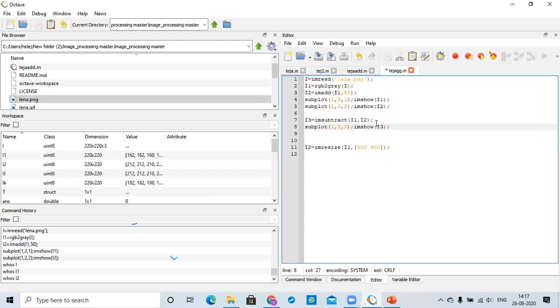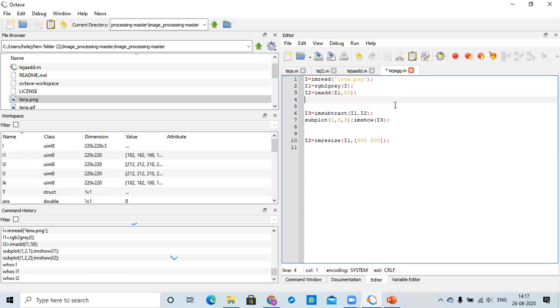We can keep all these things at the same location. Then we will run all these things.